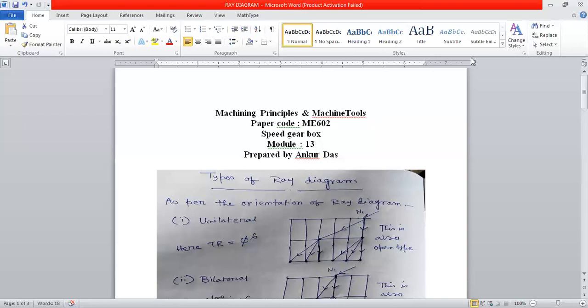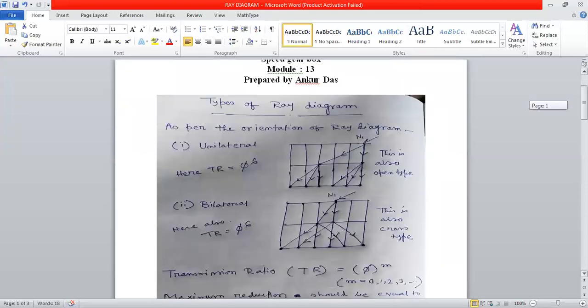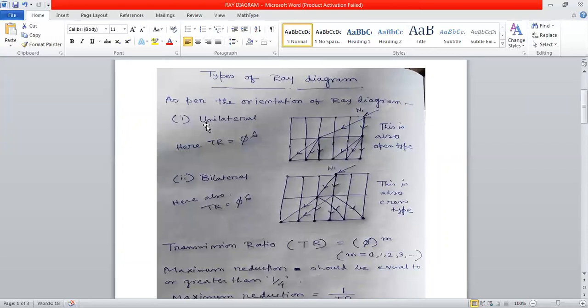As per the orientation of the ray diagram, there are two types of ray diagram. One is unilateral and the other one is bilateral ray diagram. In case of unilateral ray diagram, the direction is unidirectional, in the same direction.